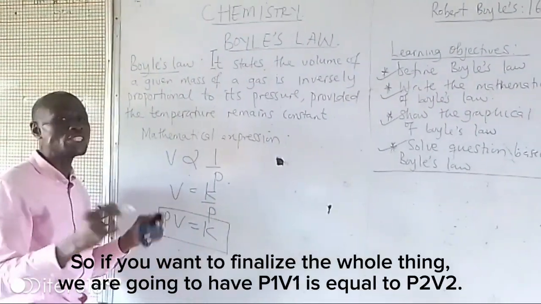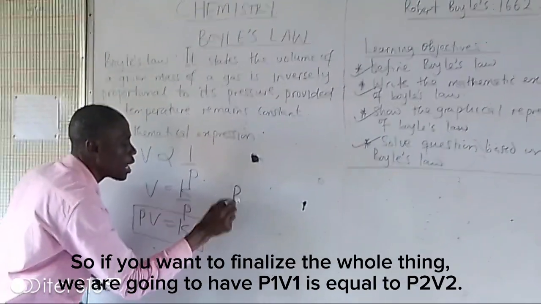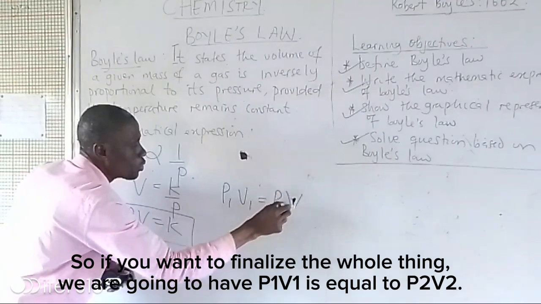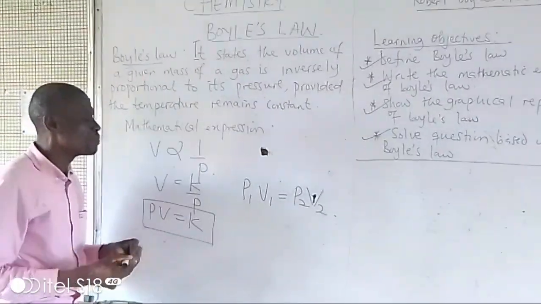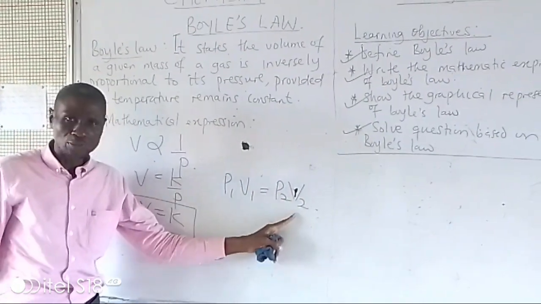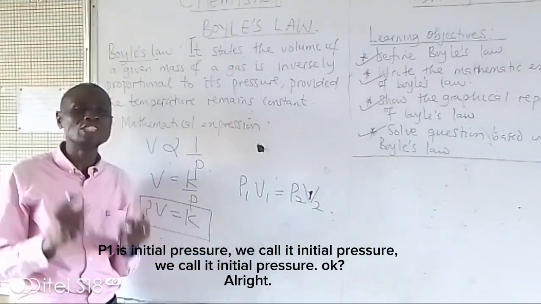If we want to finalize the whole thing, we have P1 V1 is equal to P2 V2. What is P1? What is V1? What is P2? What is V2? P1 is the initial pressure.